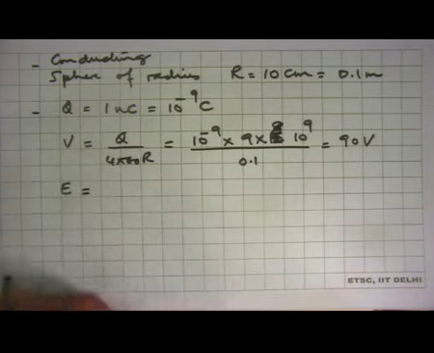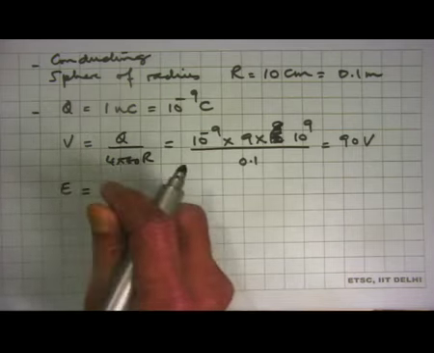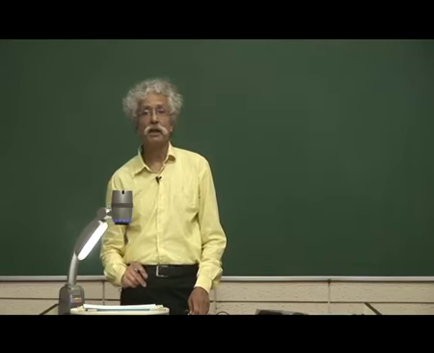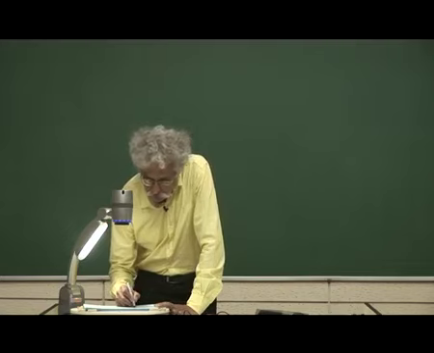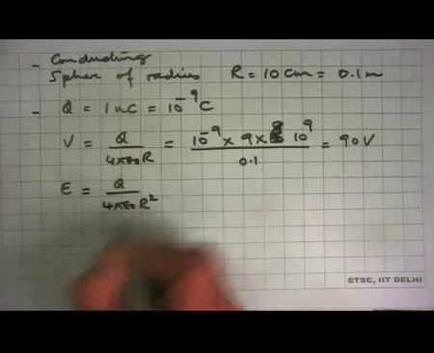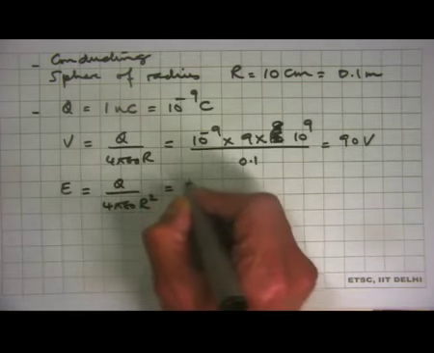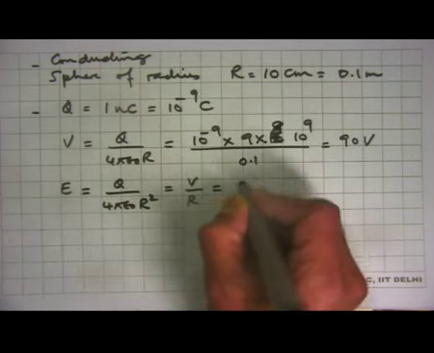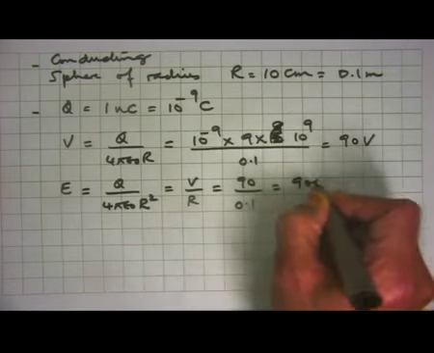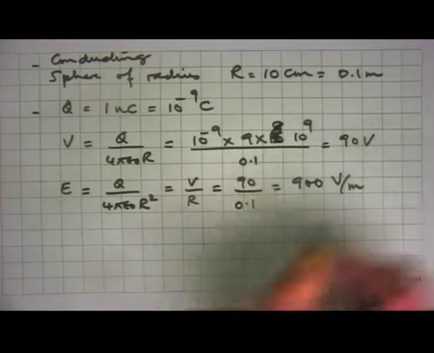Electric field varies as 1 by r square, potential varies as 1 by r. So, the electric field on the surface of the sphere must be q by 4 pi epsilon 0 r square and radially directed. So, this is equal to V by r, which is equal to 90 by 0.1, which is equal to 900 volts per meter.